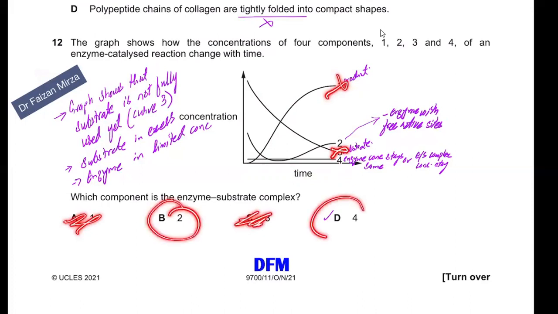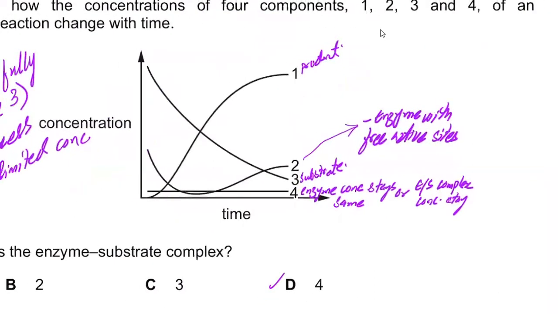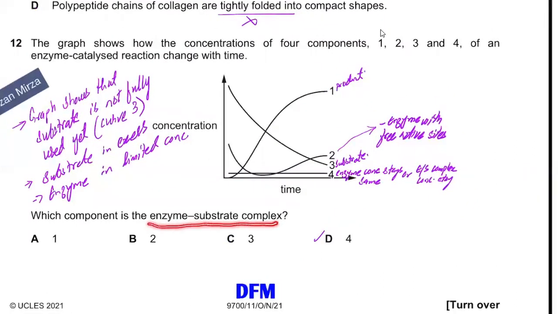Now we are left with B and D, which are 2 and 4. Now, what's 2? If you look closely at 2, what do we see? We see that initially the concentration is very high, and as the time proceeds, the concentration decreases. You may think that this might be the enzyme substrate complex, because this is exactly what they are asking, which component is the enzyme substrate complex.